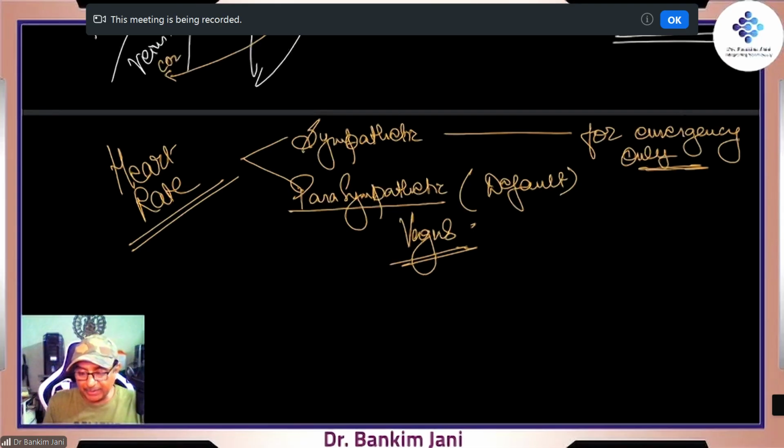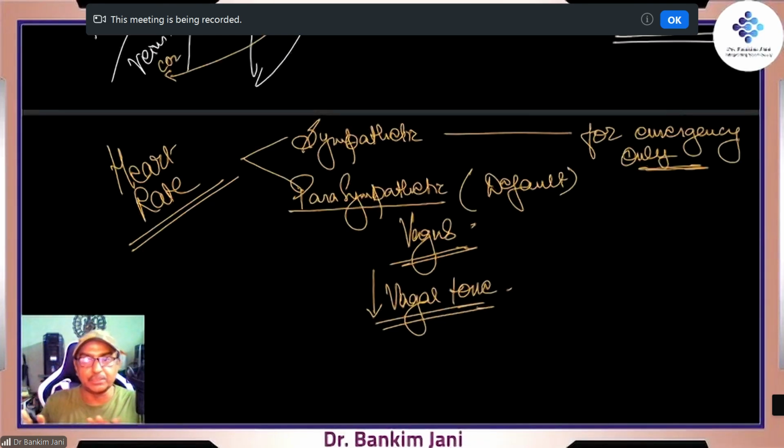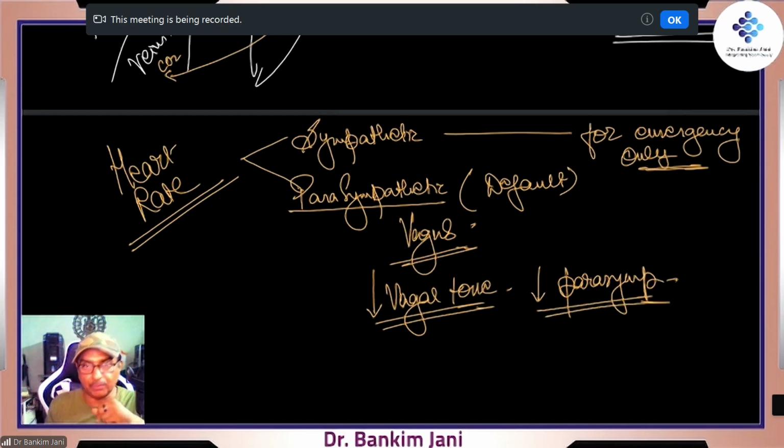What would happen when there is decrease in the vagal tone? When the vagal tone decreases, that means the vagus nerve is not stimulated. So there would be decrease in the parasympathetic system, and the sympathetic will take over, right?